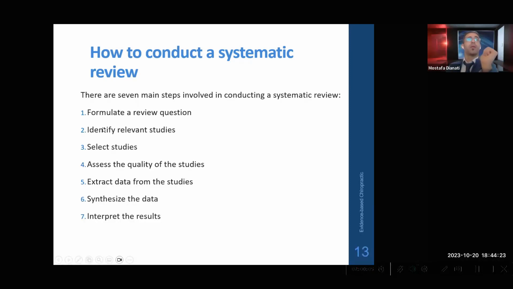Secondly, you must know which kind of study you are going to select. If you are going to work on, for example, observational studies or clinical studies, then you will select those studies. How can you select the studies? Simply by having a clear search strategy.